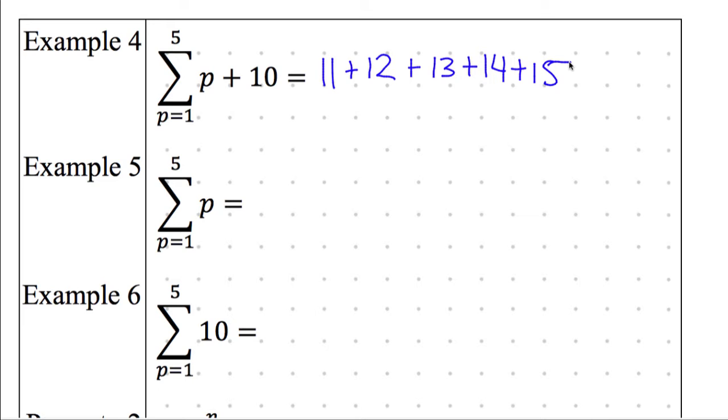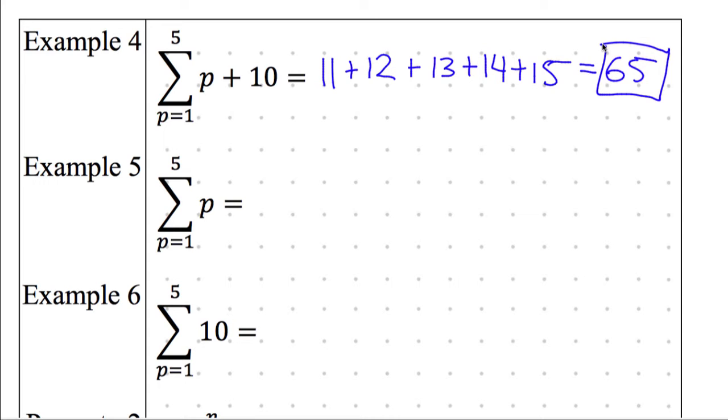That's the very top. 5 plus 10 is 15. I need to add all of these together. So 12 plus 13 equals 25. 25 plus 15 equals 40. 40 plus 25 equals 65. Some really good mental math you have. 65. That was a little bit challenging. Would you agree that that was kind of hard?